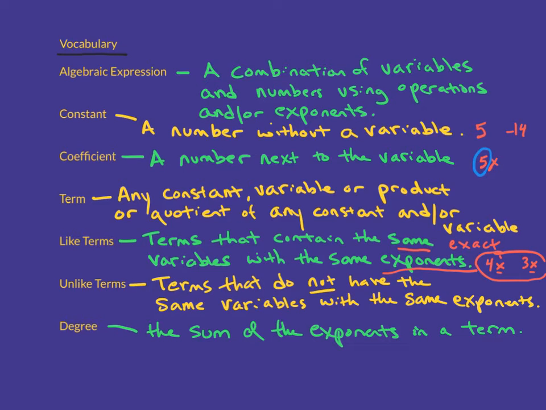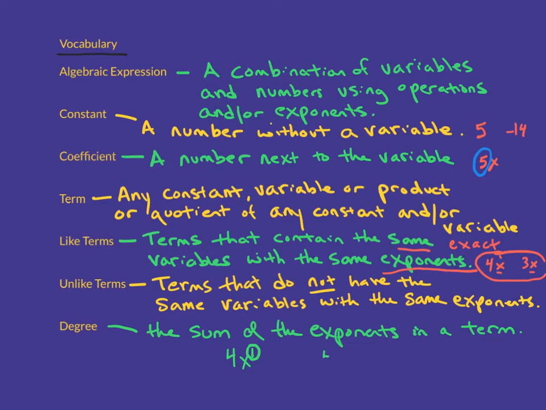Next is unlike terms, which is terms that do not have the same variables with the same exponents. We talked about that just a second ago. If you have 4x and 3x squared, those are unlike terms. And degree is the sum of the exponents in a term. So if you've got 4x, the degree of this is just a 1 because the exponent on the x is just 1.